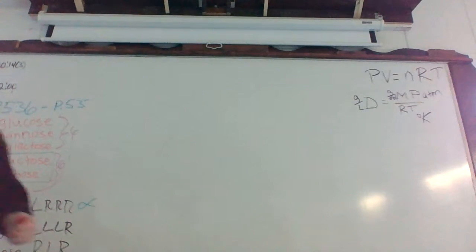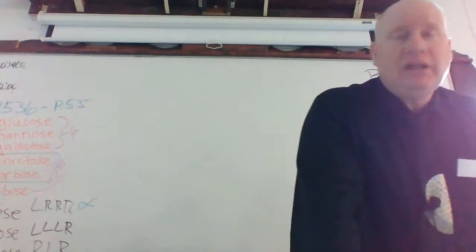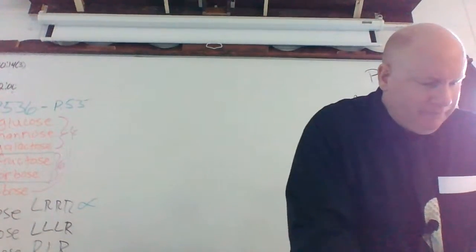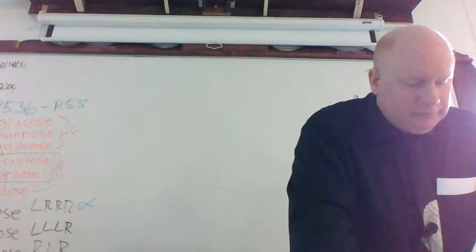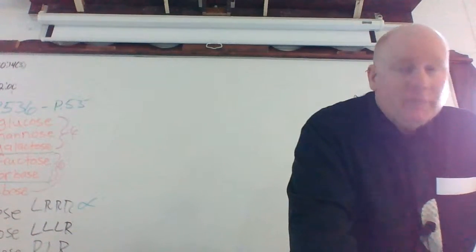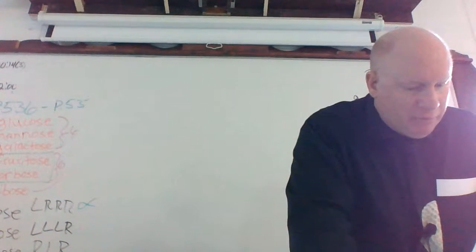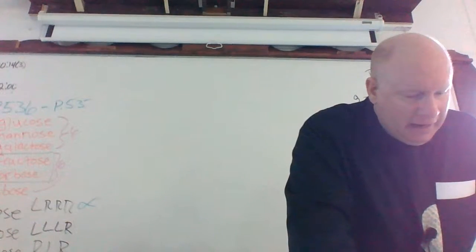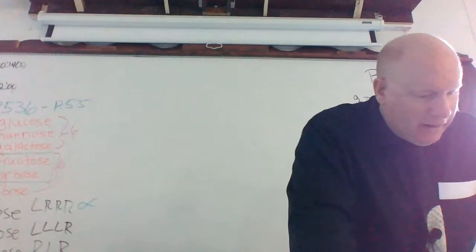All right. So, on page 382, assuming all volume measurements were made at the same temperature and pressure, what volume of hydrogen gas is needed to react completely with 4.55 liters?